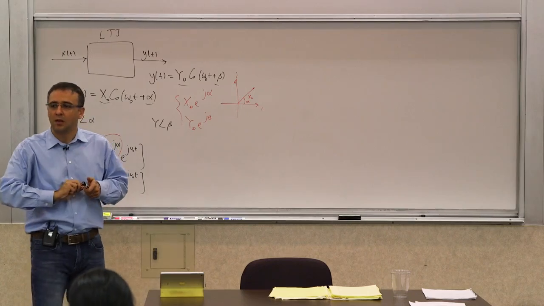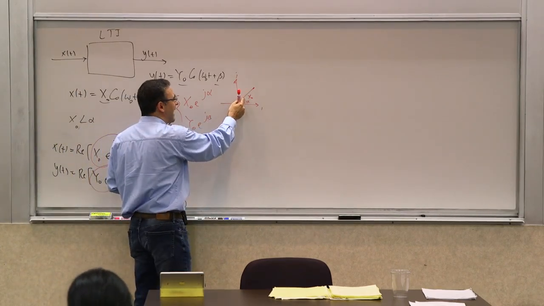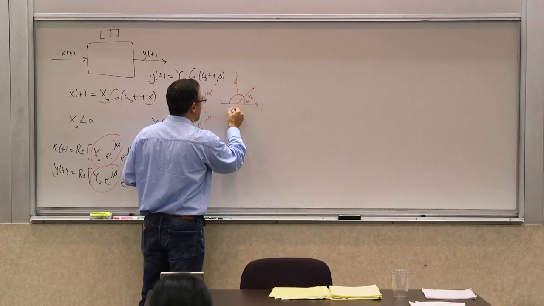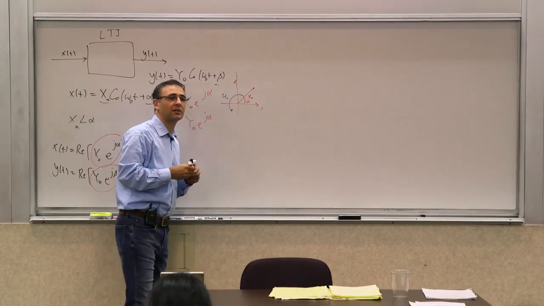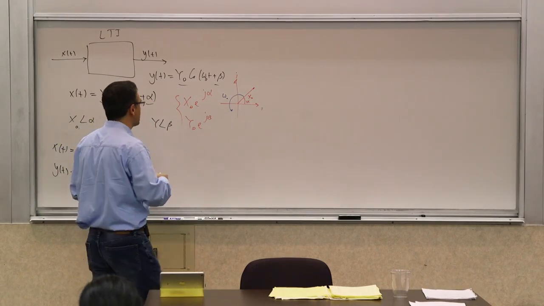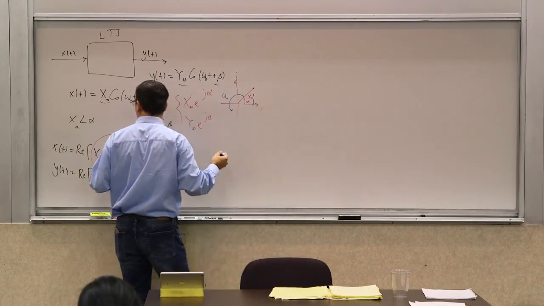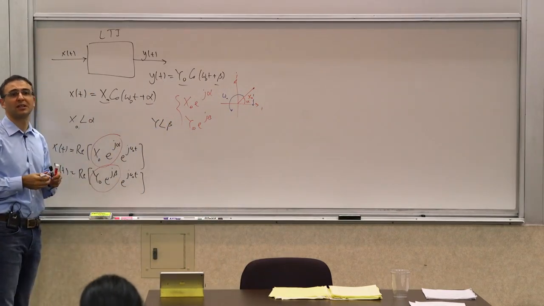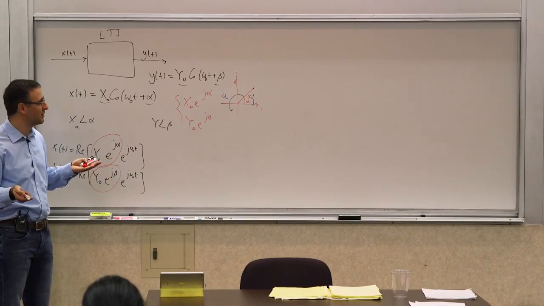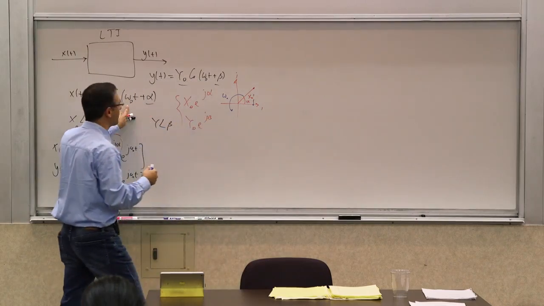So what is happening really, you can think about this as a vector with this magnitude and this initial phase that's rotating with the angular frequency of omega naught. And what you're looking at really is the projection of this thing on the real axis, which is the cosine, which is the real part, which is also the definition of cosine, right?